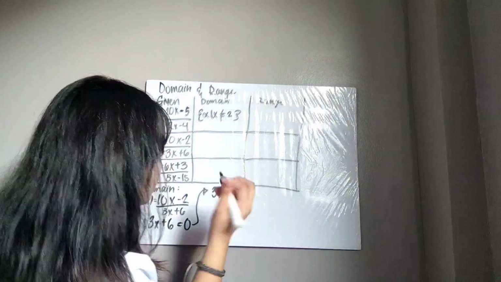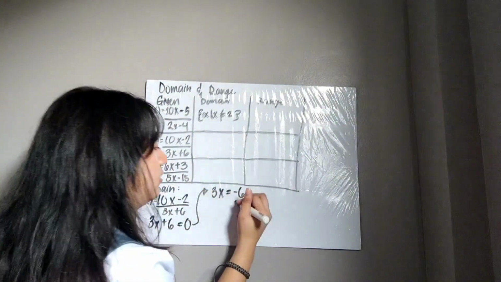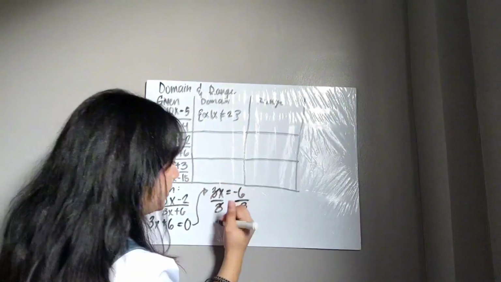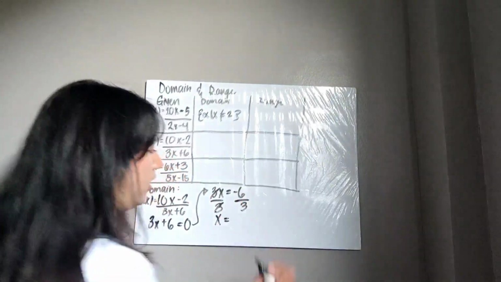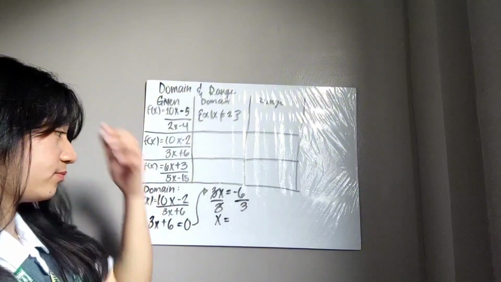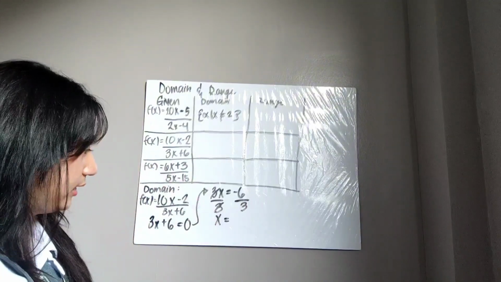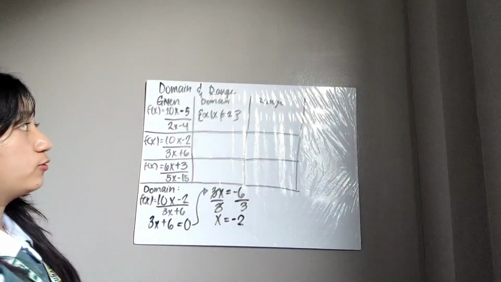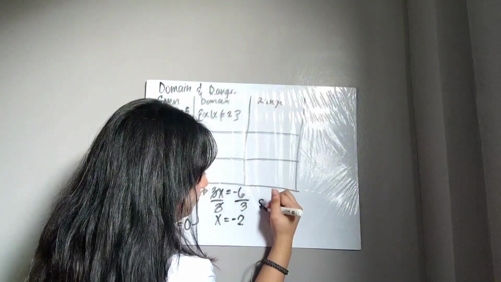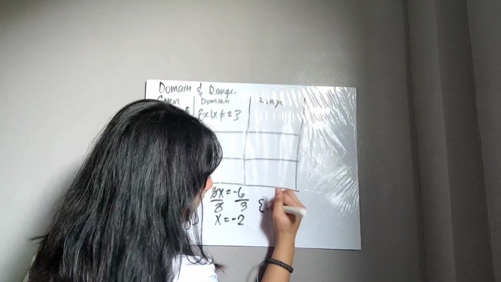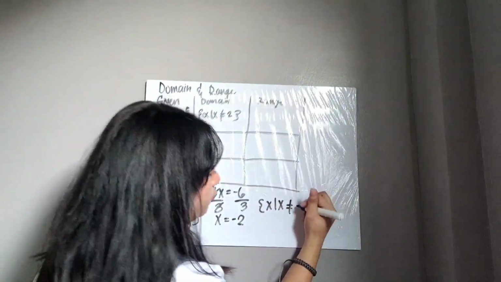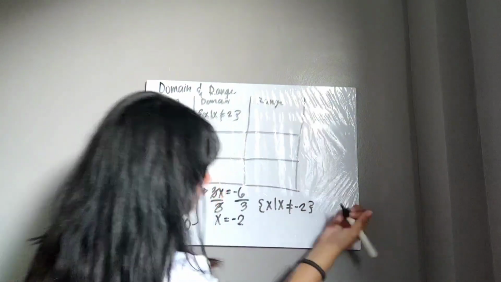And para matanggal si 3 is divided by 3. Para matira si x, cancel natin si 3. And negative 6 over 3 is negative 2. So, isulat natin siya into x is not equal to negative 2.